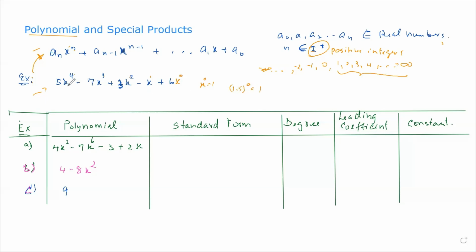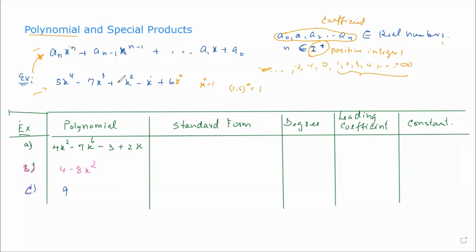Okay, now the meaning is that a1 and the others are called coefficients. The coefficients are all the numbers in front of an unknown, like a variable x. So 5 is a coefficient, -7 is the coefficient of x power 3, and +3 here is the coefficient of x squared.